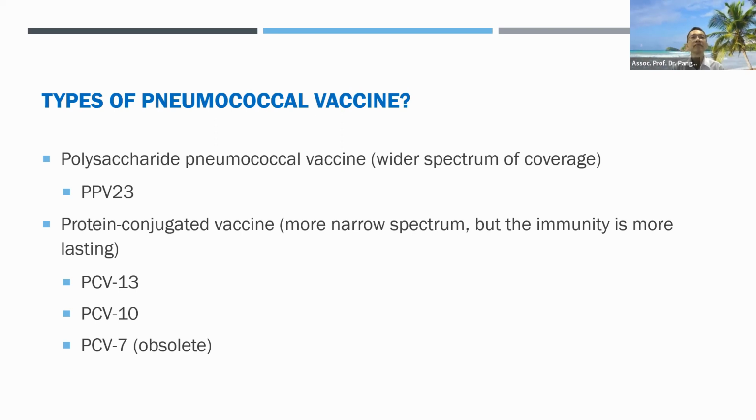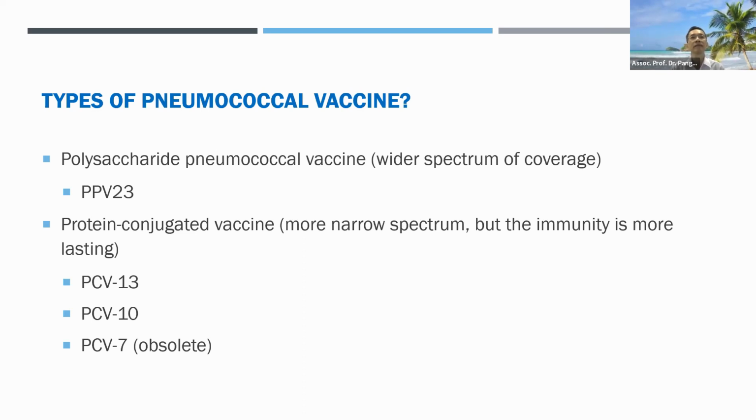Usually, the effects may be diminished after 2 to 3 years. So in order to improve on the long-term immunity, this vaccine is being conjugated with protein. Hopefully it will stimulate the T cell and result in long-lasting immunity in the memory cell.